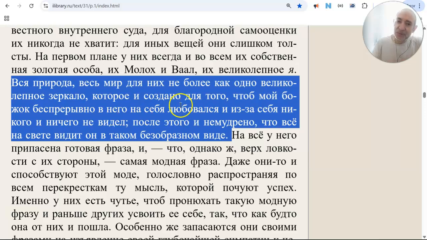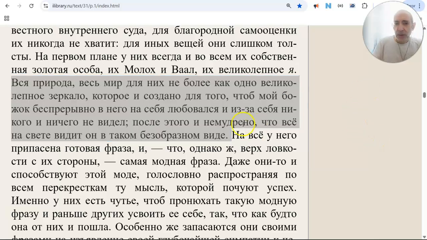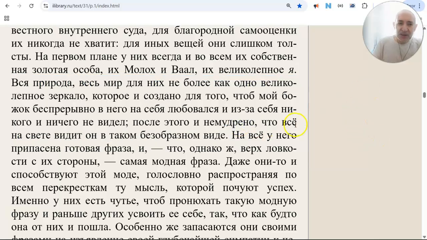That's not really English, but you get it, right? Like, will admire himself looking into it, meaning и из-за себя никого и ничего не видел, and except for himself, no one and nothing he will see. But after that, it is clear that everything in the world he sees in such an ugly manner.